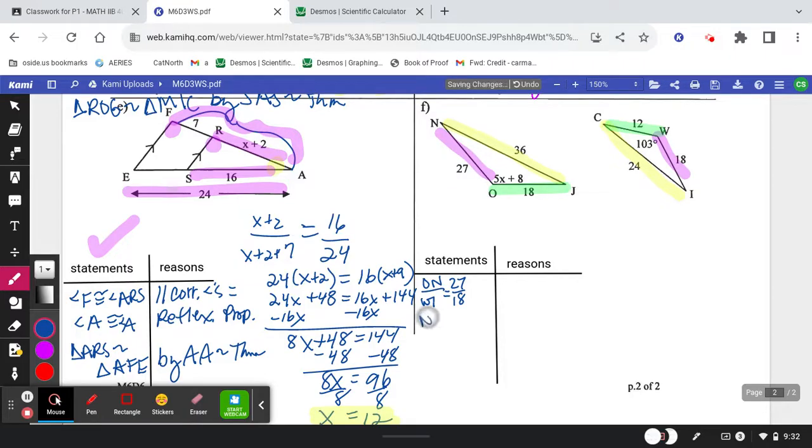Let's do NJ, yellow side, and CI, so 36 over 24. And then let's do the green side, OJ, CW is 18 over 12. Go double check my numbers here. Purple side, 27 is to 18, 36 is to 24, 18 is to 12.